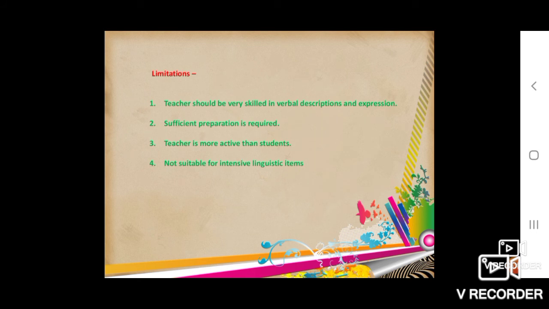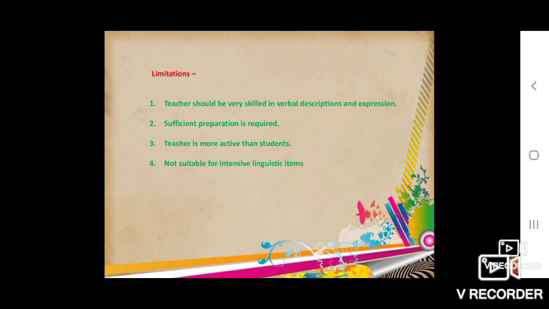It also has some limitations. Teachers should be very skilled in verbal description and expressions, so as to narrate a particular story. The teacher must be good at verbal description and expressions, because the content needs such description and expressions.